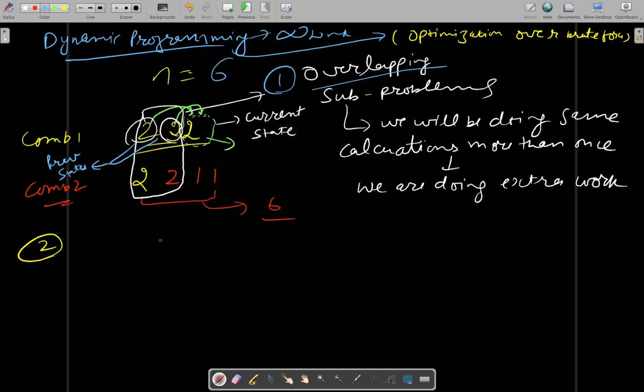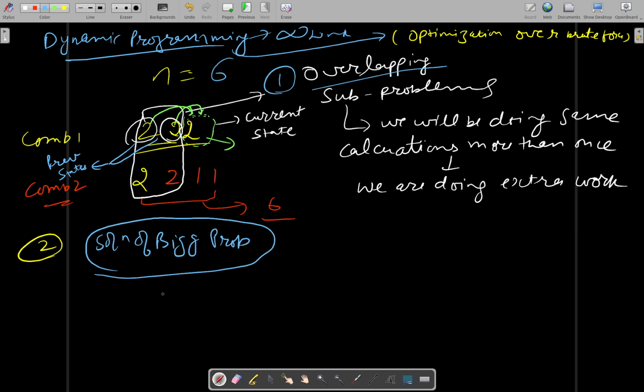So we can say that the solution of a bigger problem can be derived by combining the solutions of smaller problems.